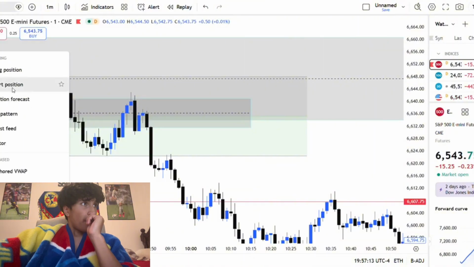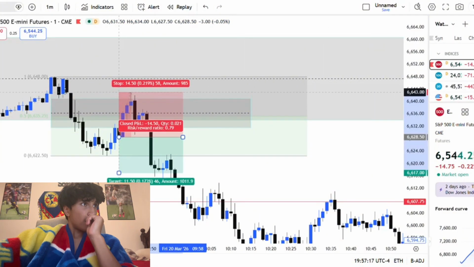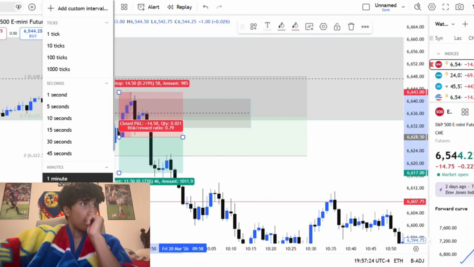So let's see, I would have put my stop loss above the gap. So I would have actually almost got stopped out too. Dang, I actually would have got stopped out. Actually, let's go to the 5 minute.